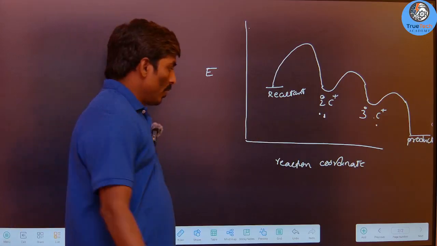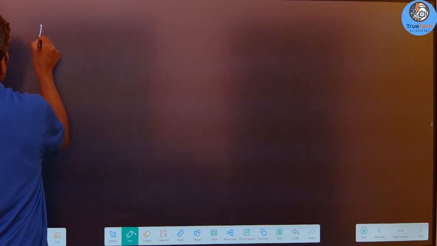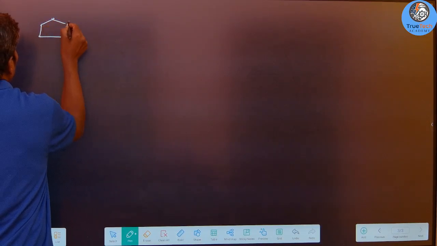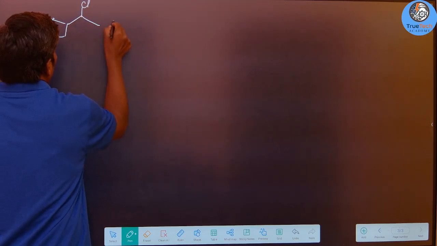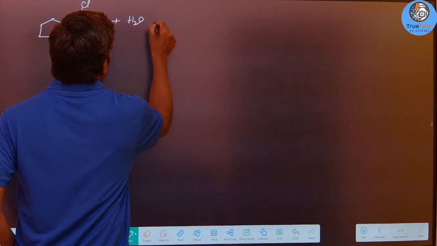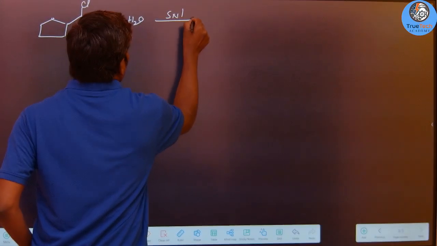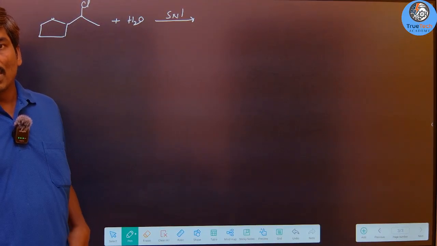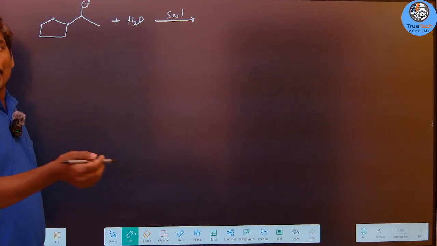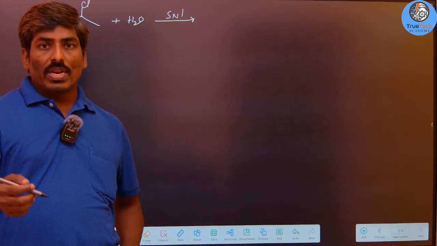Now we'll go to a few more examples. I am taking this example as an SN1 condition. We will go through the mechanism so that you will get a clear idea.